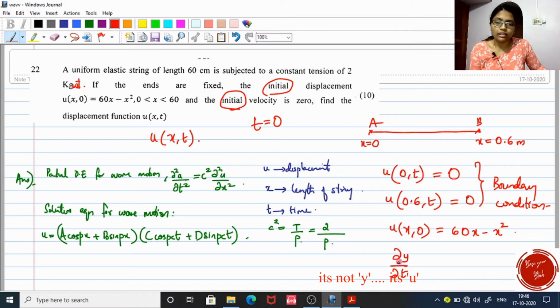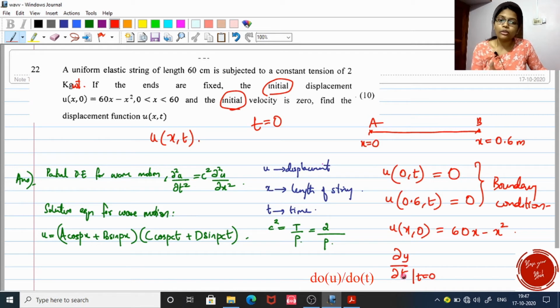And what about the initial velocity? Velocity is the derivative of the displacement, isn't it? Dou y by dou t is the expression for velocity, and it is specified that the initial velocity, dou y by dou t at t equal to 0, is 0. Why do I take partial derivatives? Because the displacement function depends on two variables, and if a function depends on more than one variable, we go for partial differentiation, isn't it?